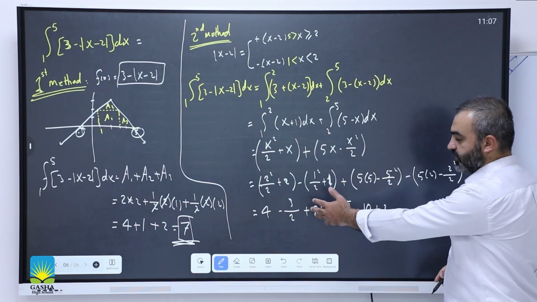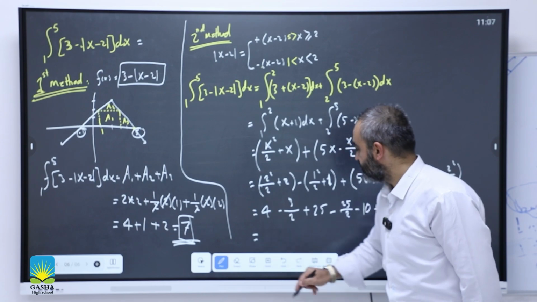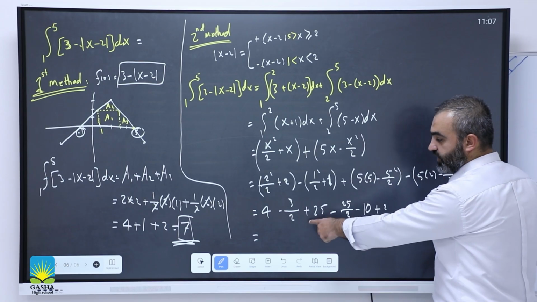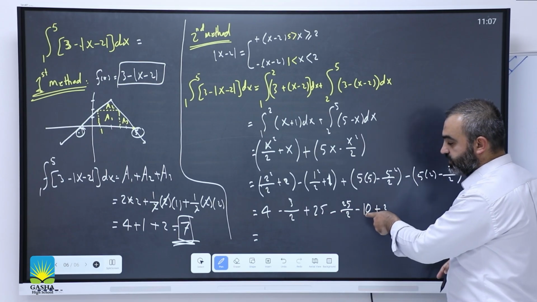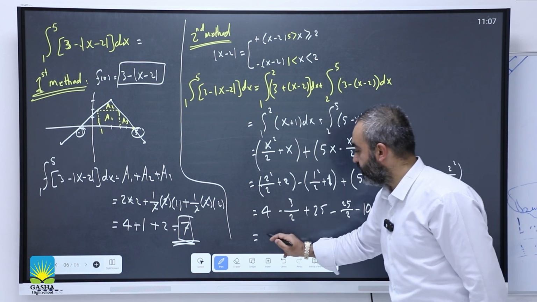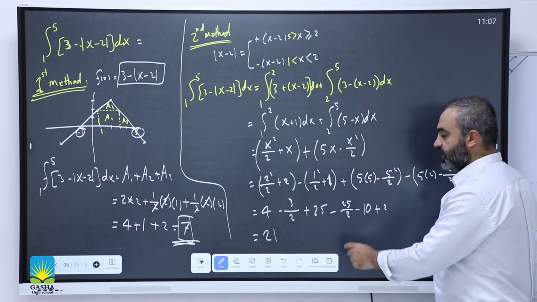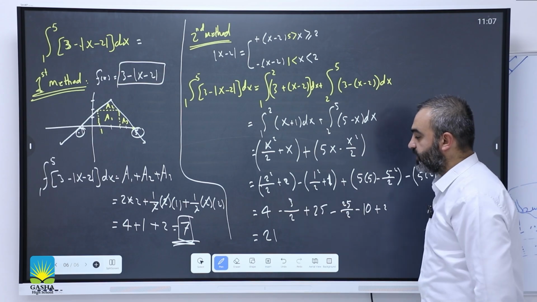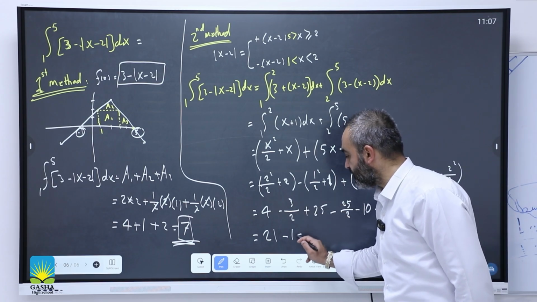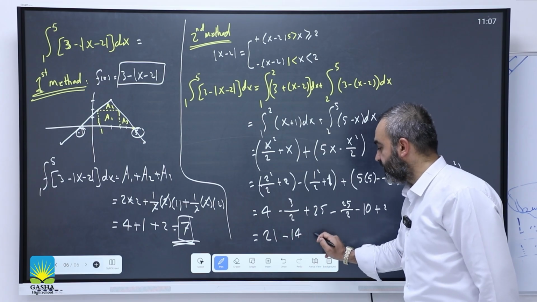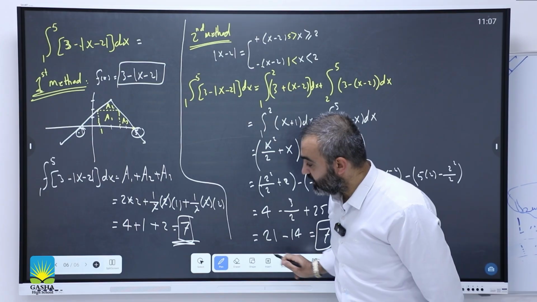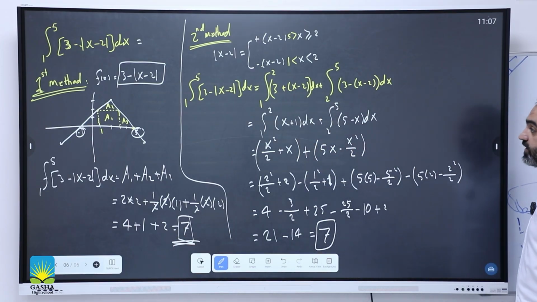So what about all of them? 4 plus 25 is 29, right? Minus 10 is 19. Plus 2 is 21, right? And this is 28, 28 divided by 2 is negative 14. 21 minus 14 is 7. So the result is the same, right?